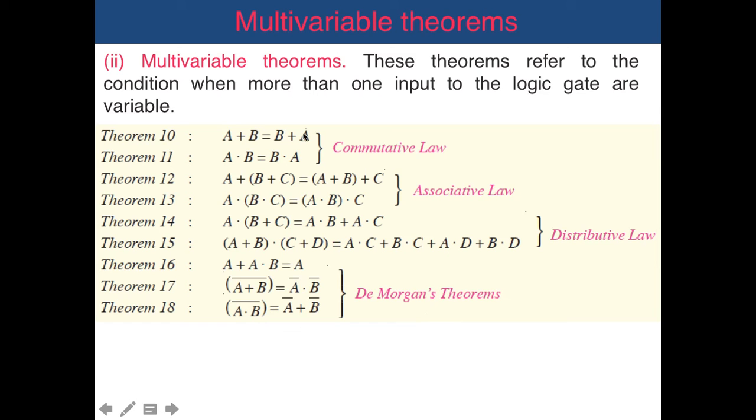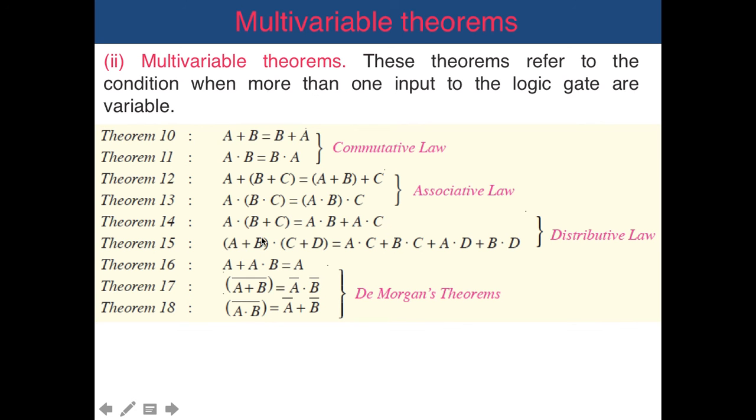The commutative law: a plus b is equal to b plus a, and a dot b is equal to b dot a. Associative law: a plus (b plus c) is equal to (a plus b) plus c, so the brackets will change. Similarly, a dot (b dot c) is equal to (a dot b) dot c.